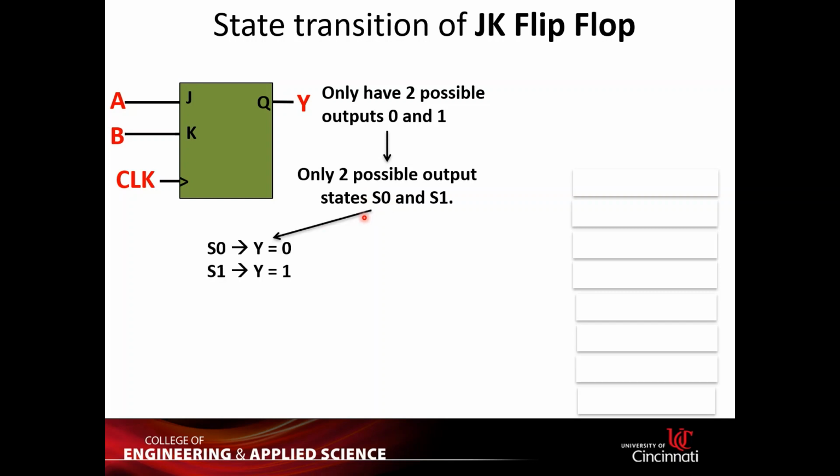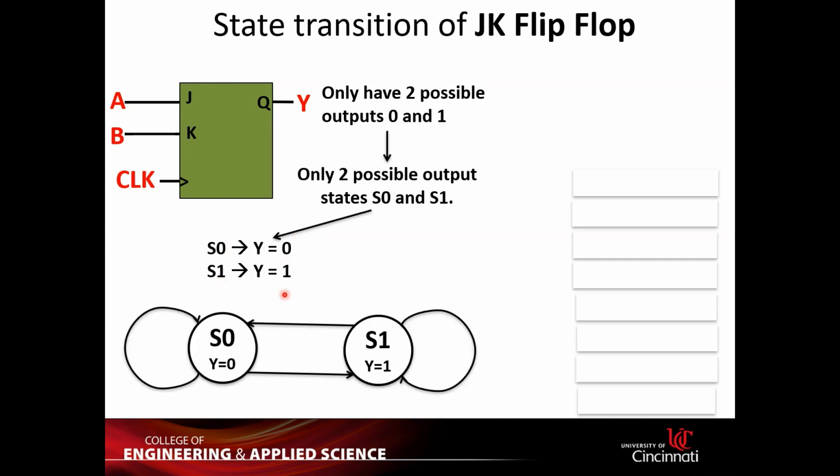I would say the state S0 is when the output is 0, and the state S1 is when the output is 1. So from here I can have something called a state diagram.